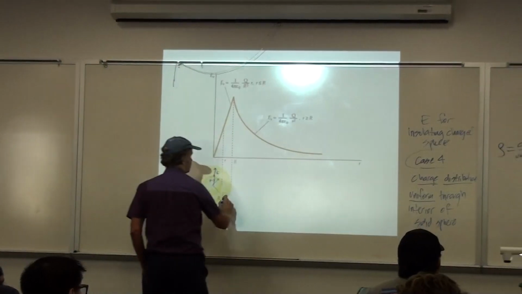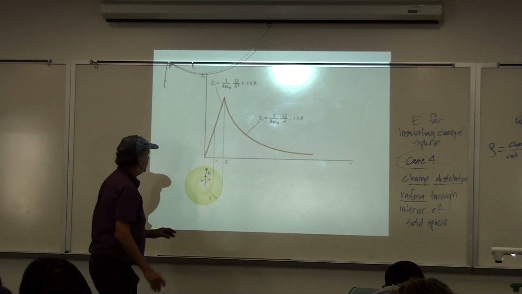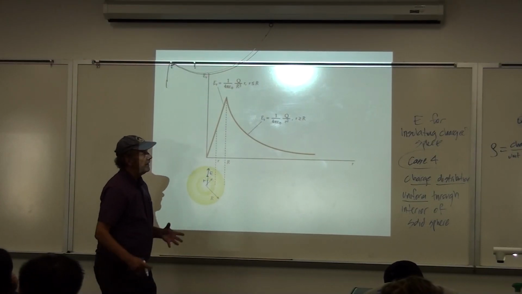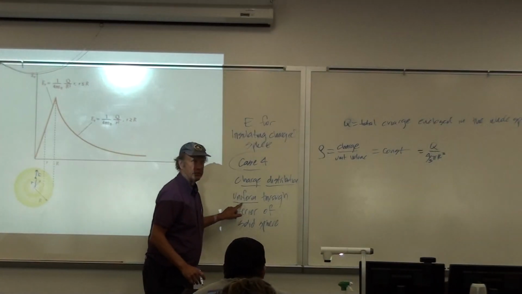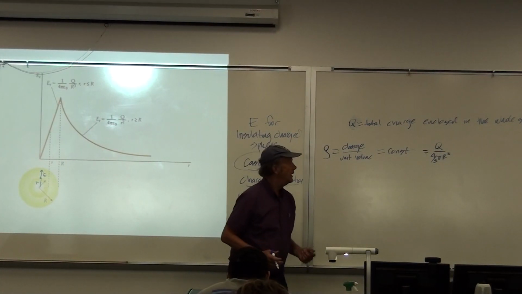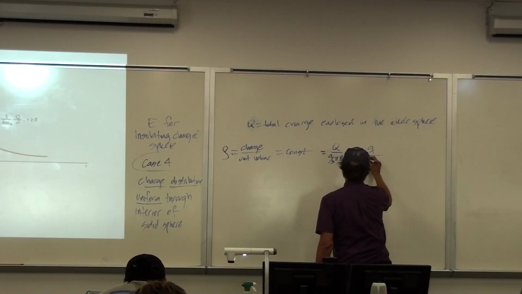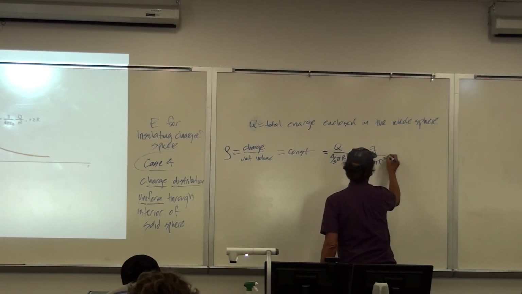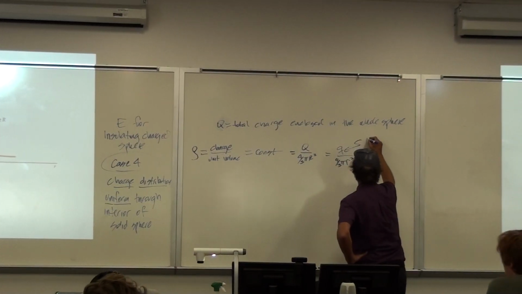But it's going to be constant because in any smaller volume, if we had half the volume, we're going to have half the charge, because we said the charge distribution is uniform. So that means the charges are evenly spaced throughout this thing. And so that means that it's also equal to little q divided by 4/3 pi little r cubed, where little q is the charge enclosed by a smaller sphere.